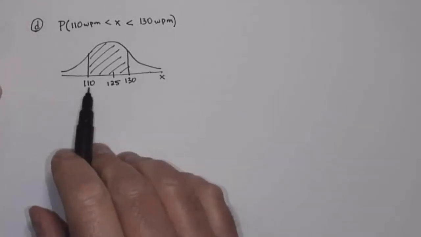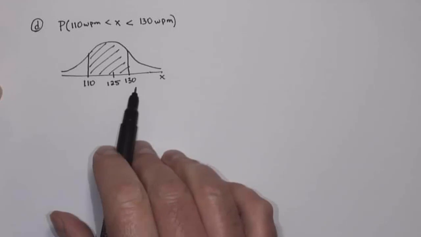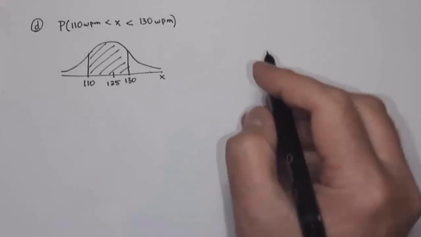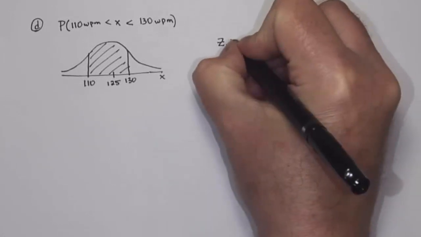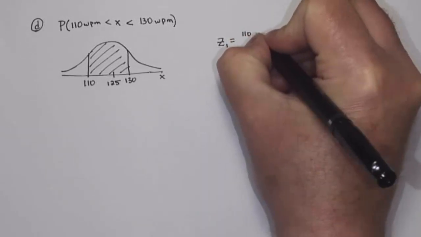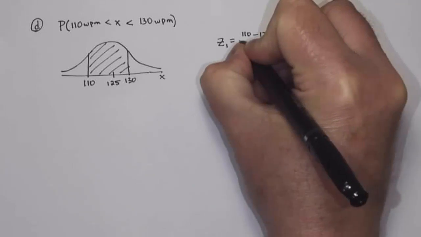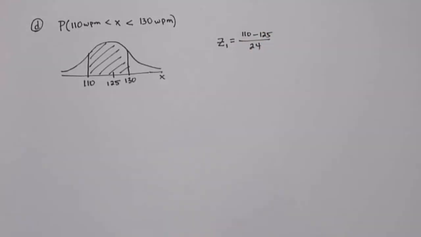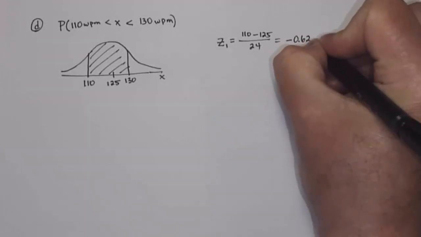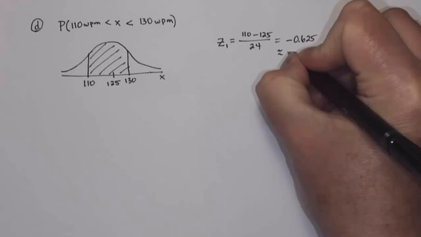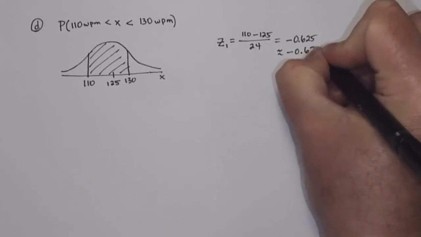And so we're going to have to convert both 110 and 130 into z-scores. So our first z-score is going to be (110 minus 125) divided by 24. And so if we do that, that is negative 0.625, which we'll have to round to negative 0.63.